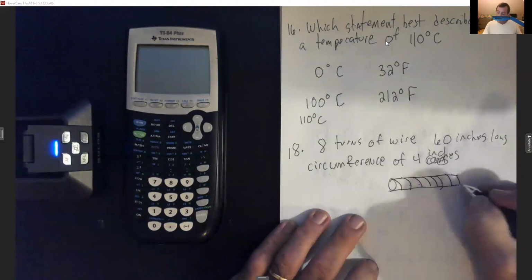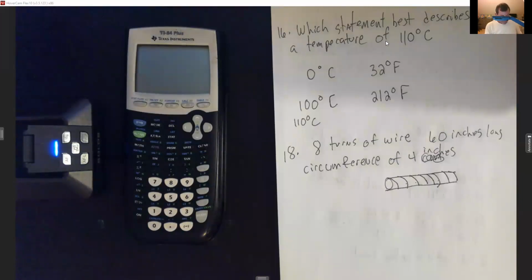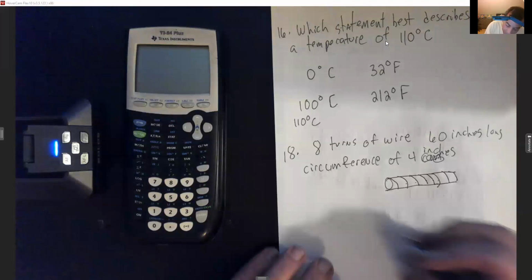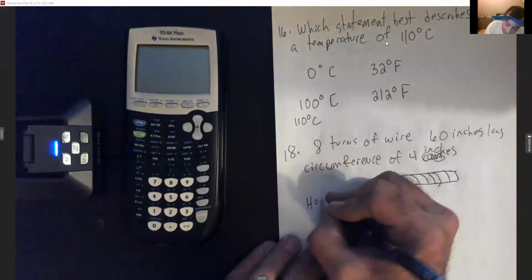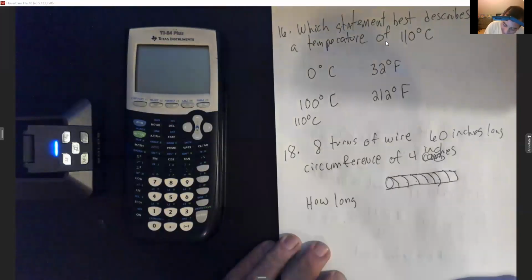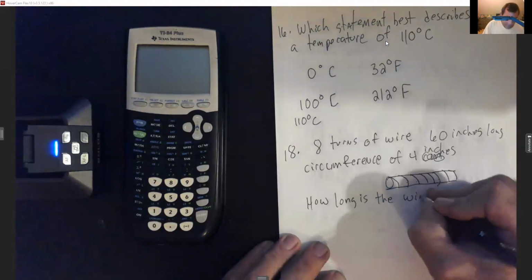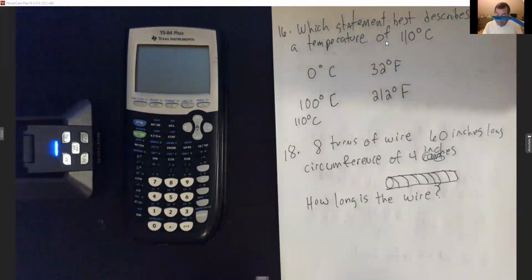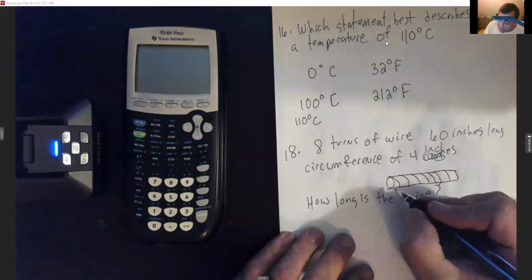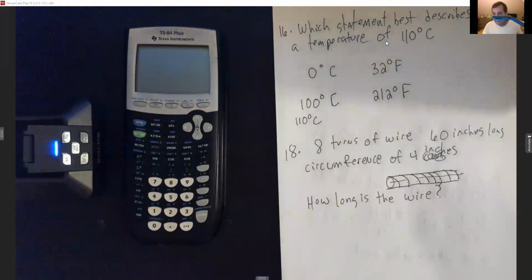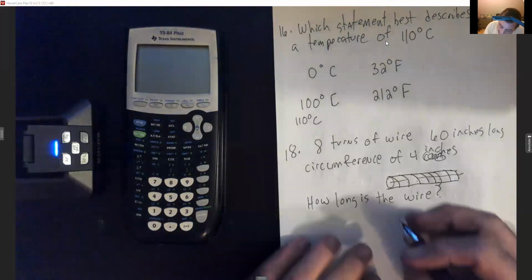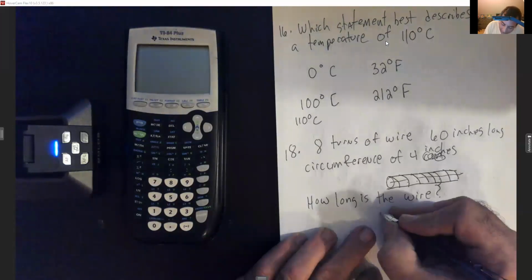Okay, that's my wire wrapped around my pipe. They want to know, how long is the wire? What is the length of that wire? Now they give you a clue. They say, hey, cut this out and lay it flat.